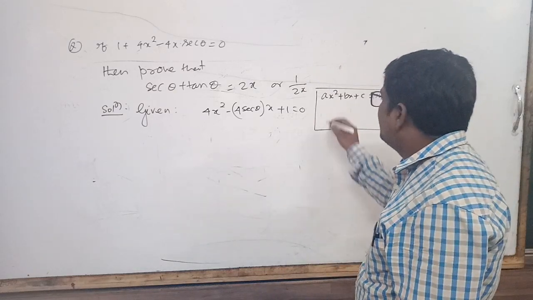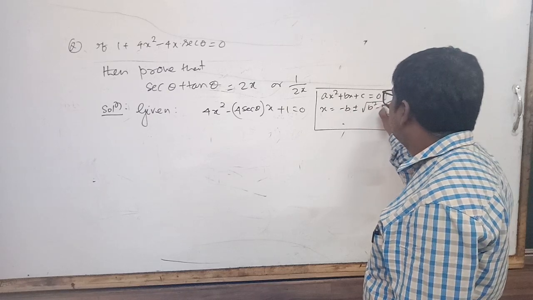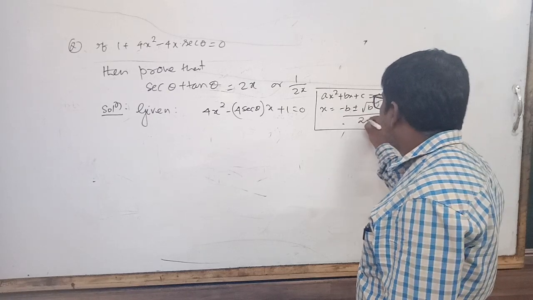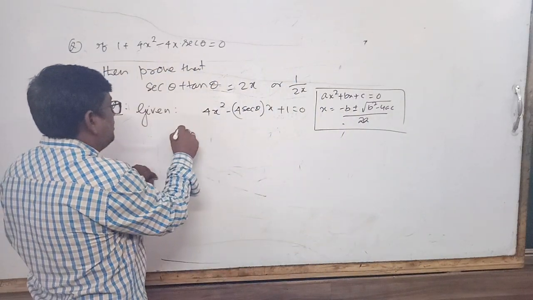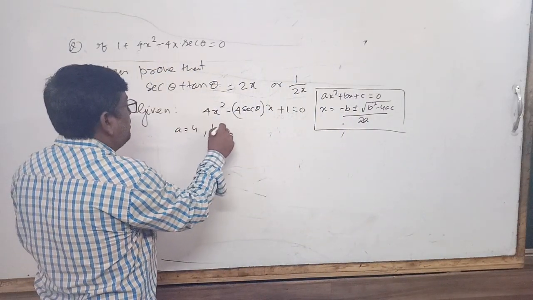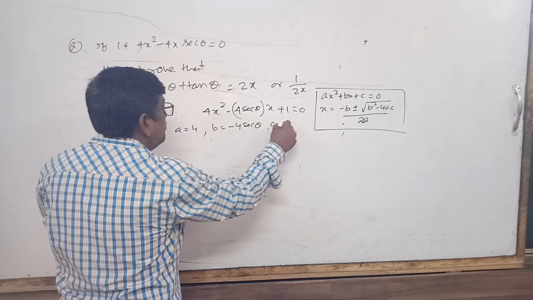Then x is equal to minus b plus or minus root of b square minus 4ac by 2a. Apply this formula. Here a is 4, b is minus 4 sec theta, and c is 1.